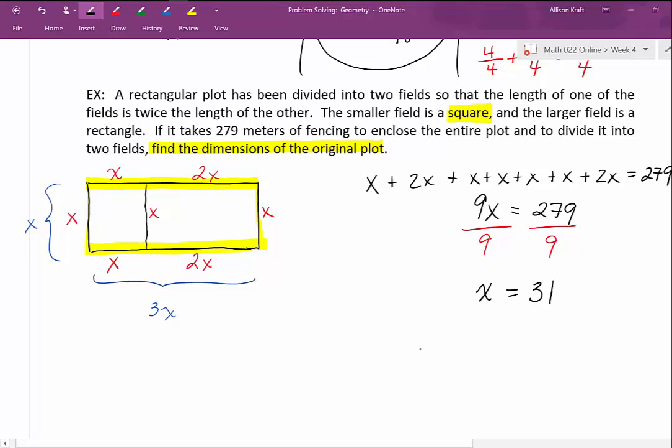So that means that the length is 3 times 31, which is 93 meters. And the width, that's x, 31 meters.